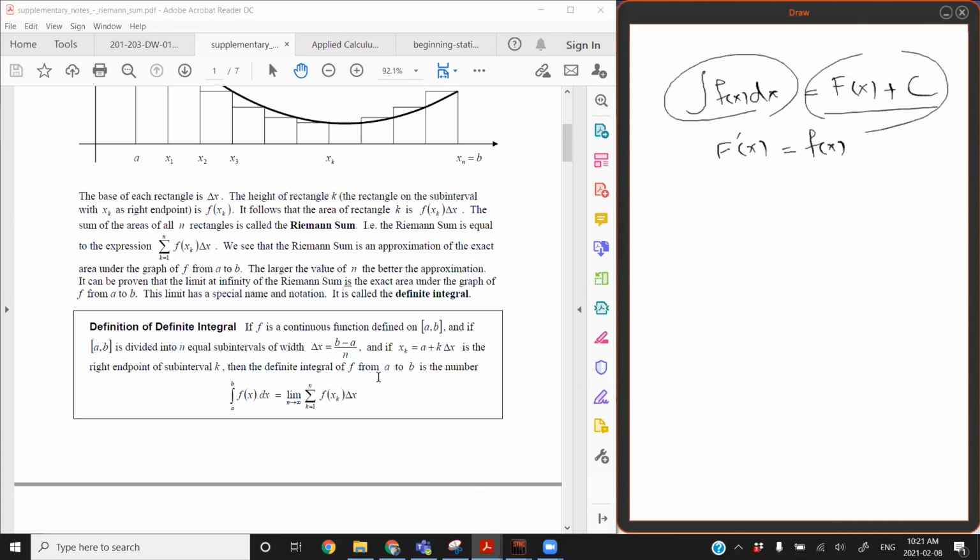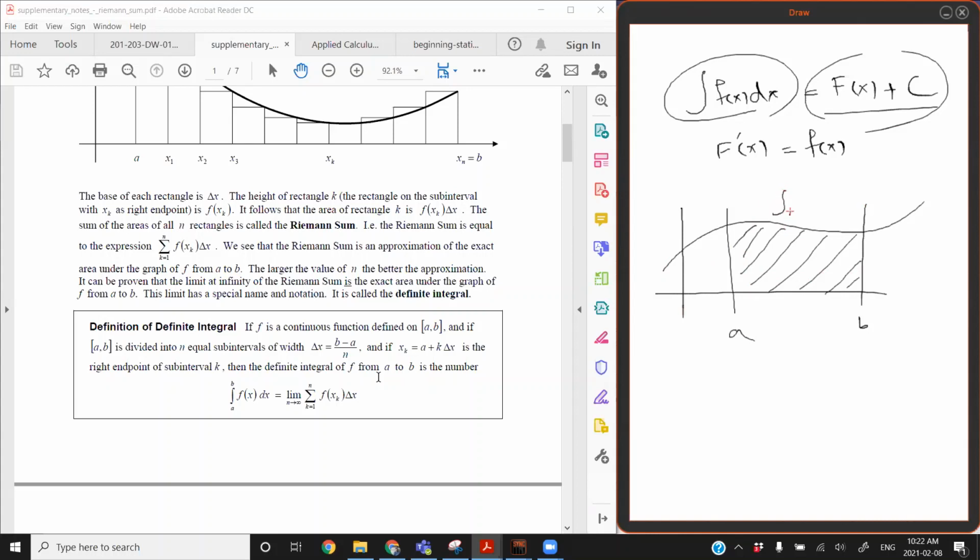But this new thing that we learned today is a totally different thing. It's actually this area. It's not a function. It's just a number. Integral from a to b of f of x dx. And you might ask, okay, so what's the relationship? Why are we using almost the same notation for two very different things?